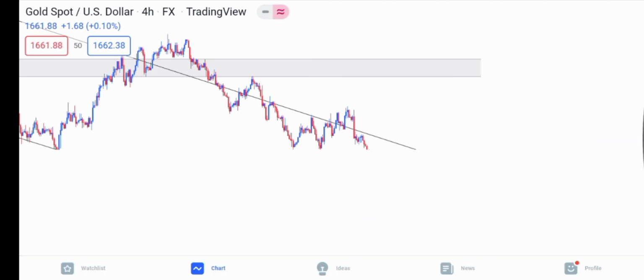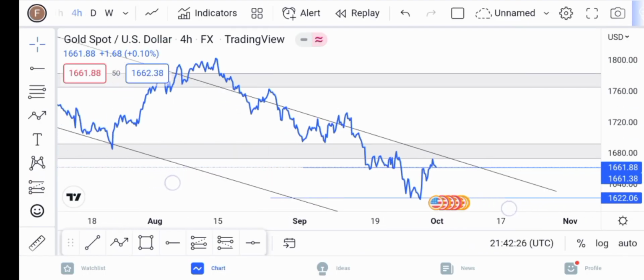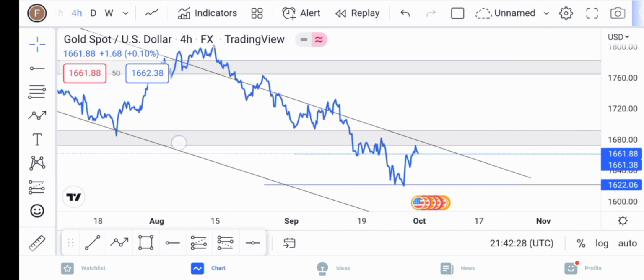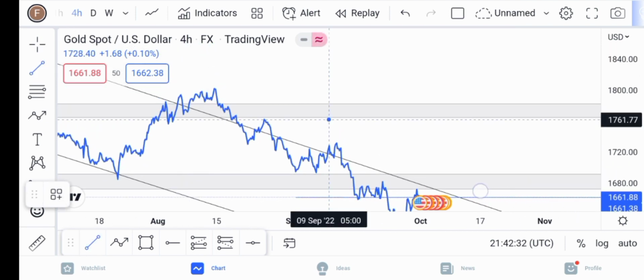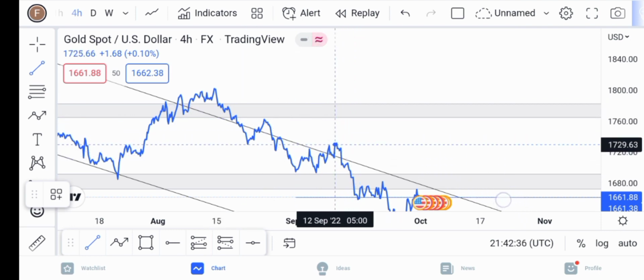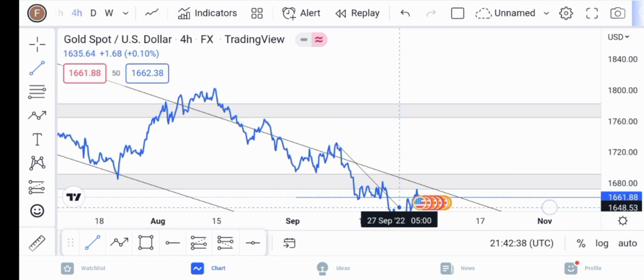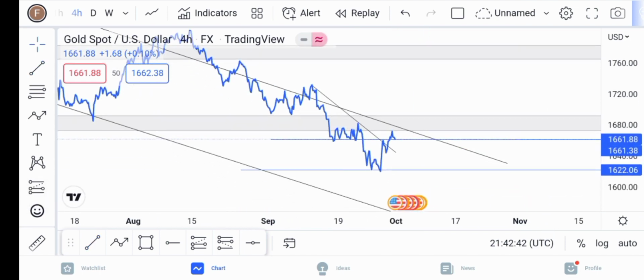Okay, let me use the lines again to see what's really going on. Okay, so from this point right over there, back to the candles again.